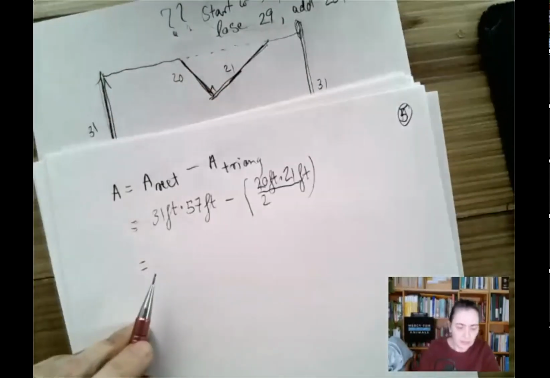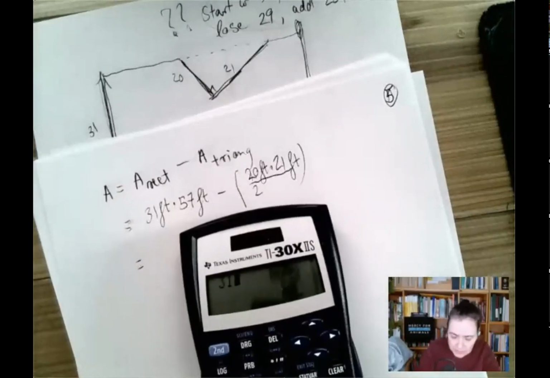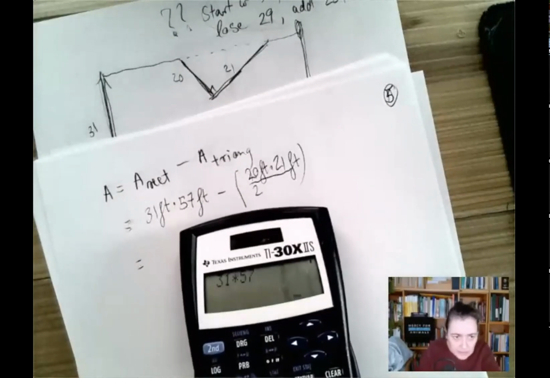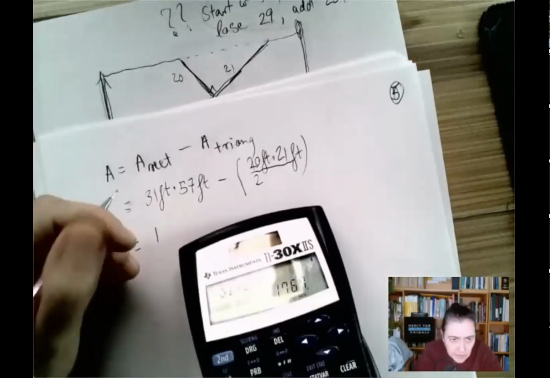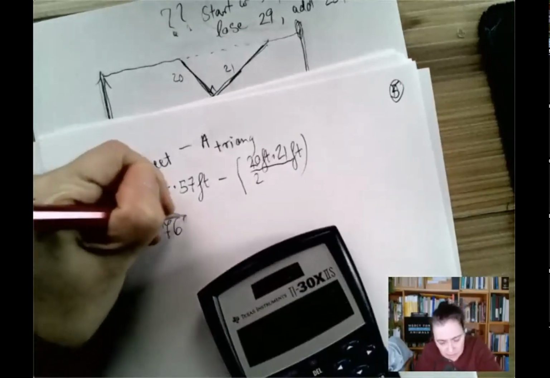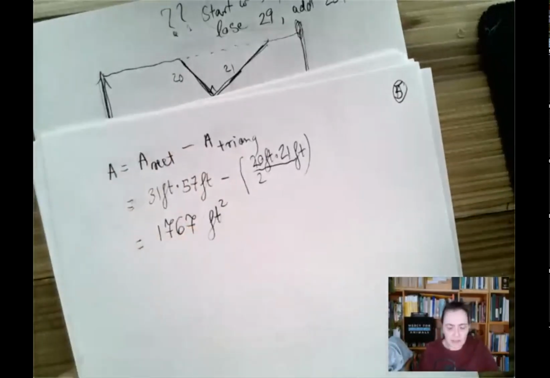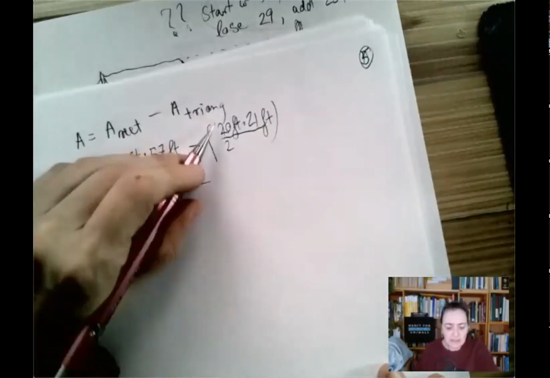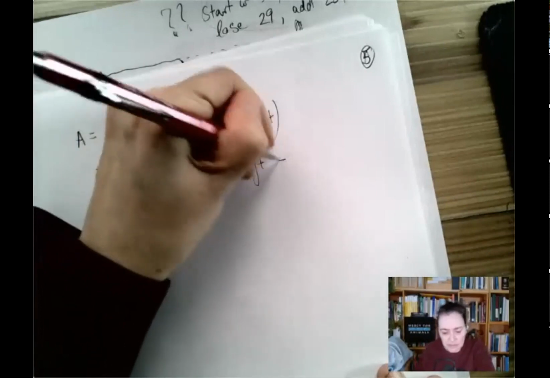So this one I give up. I'll just use the calculator. 31 times 57. 1767. 1767 square feet. Feet times feet is square feet. Minus 20 divided by 2 is 10. So 10 times 21 is just 210 square feet.